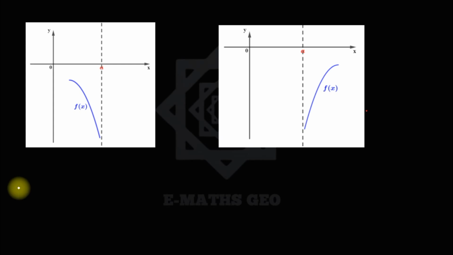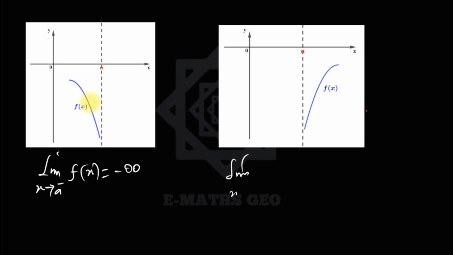In the third diagram, you can see as x approaches a from the left, f of x decreases without bound, that's negative infinity. Same as x approaches a from the right, f of x decreases without bound.